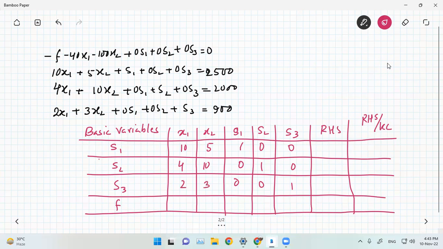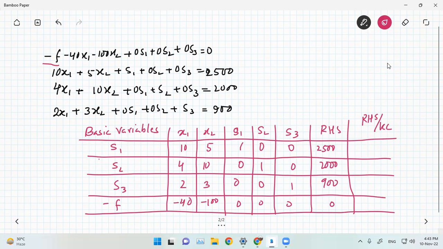The right hand side values are 2500, 2000, and 9000, and here you'll have minus 40, minus 100, and then all zeros. Also, one thing we have to keep track of is that this is minus f, so it's better to write minus f here.